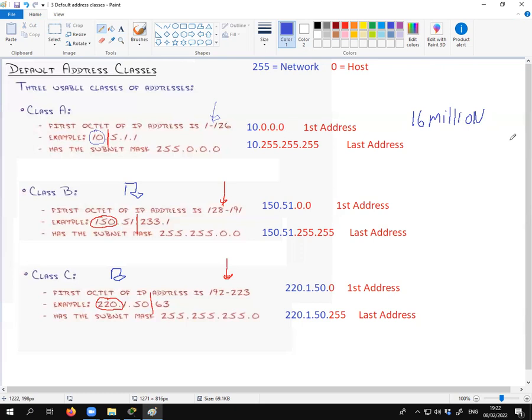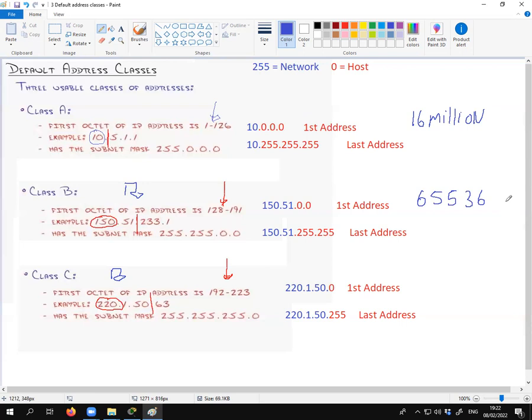Class B is a little bit smaller, but still big. Class B will have 65,536 addresses. To put that into scale, this one network, the 150.51 network, has 65,536 addresses.